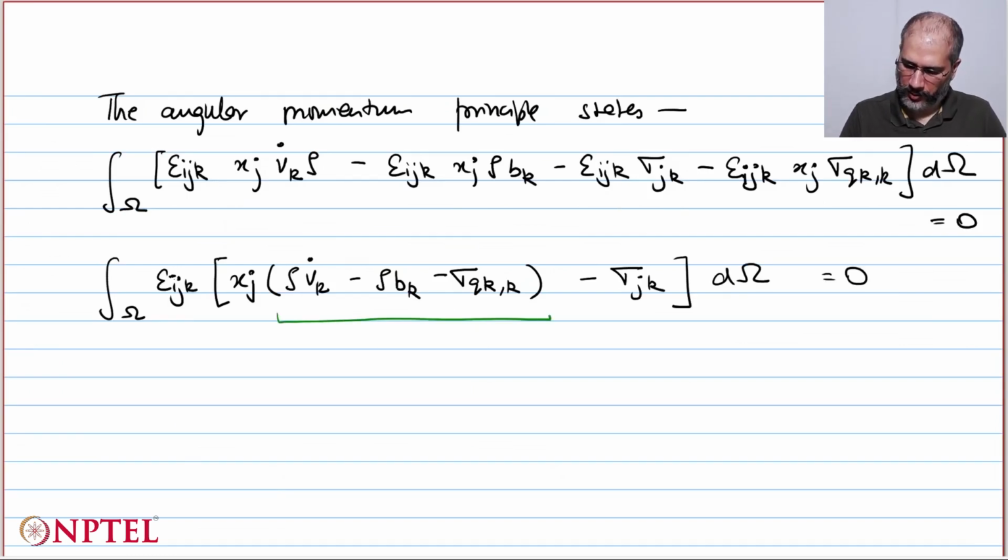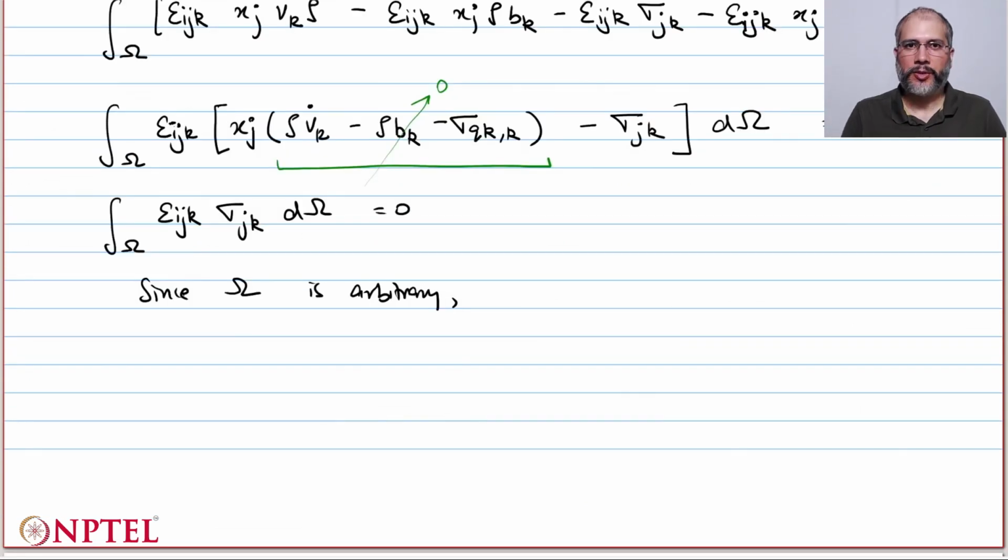And now if you look at this term, you will recall that this was 0 because this is the equation of motion, so this becomes 0. So this now simplifies to the integral over omega of epsilon ijk times sigma jk d omega is 0. And since the choice of omega is arbitrary, we can write epsilon ijk sigma jk is 0.